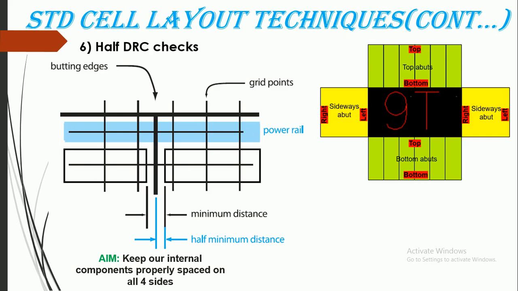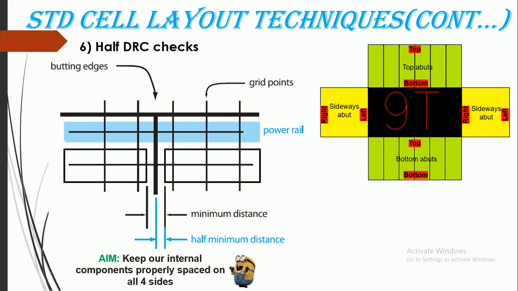And moving on, as I said, keep our internal components properly placed from all four sides. Keep that in mind. In interviews, they might ask this question, why it is required. This is compulsory.